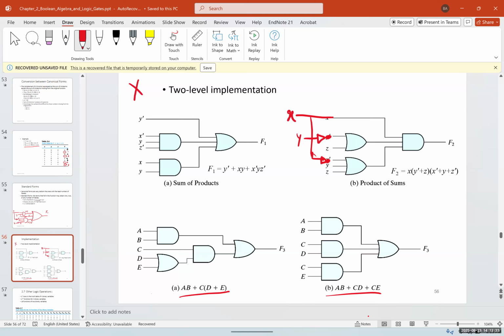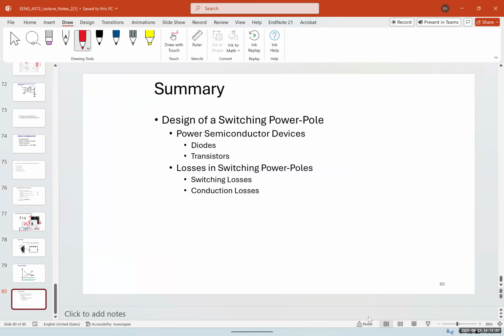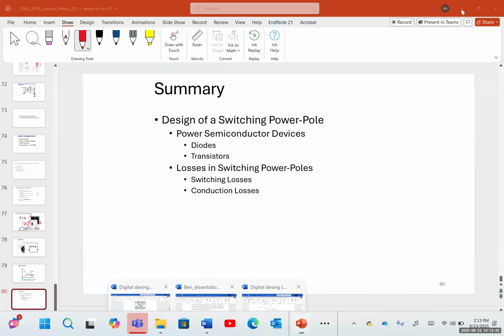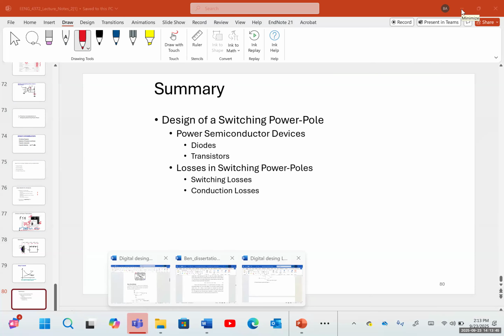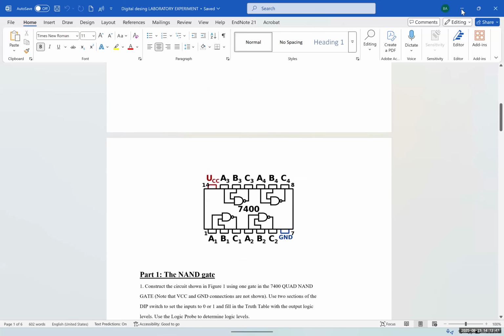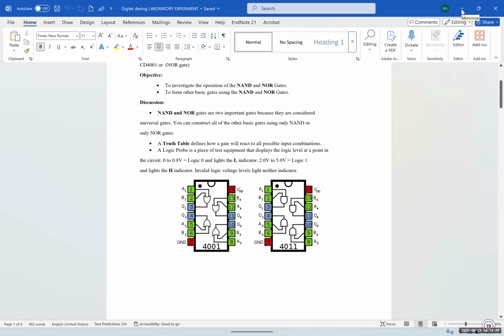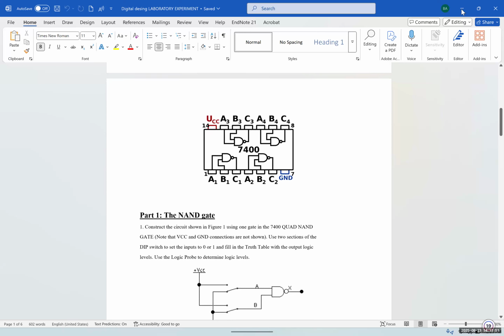This is enough for today's class. We want to start with the lab. For the first lab manual, I've already posted it. For the in-class students, if you go on Canvas and under the 3305 lab, you can see the lab manual.